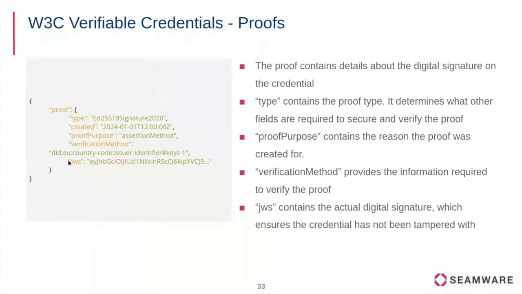Especially the latter three fields are very much dependent on the type of a credential. So obviously, if I have a type that is not an Ed signature, I might have a different way of expressing the signature itself, and I might need additional information to actually validate this signature. So the concrete contents of the proof always rely on the type being provided here.